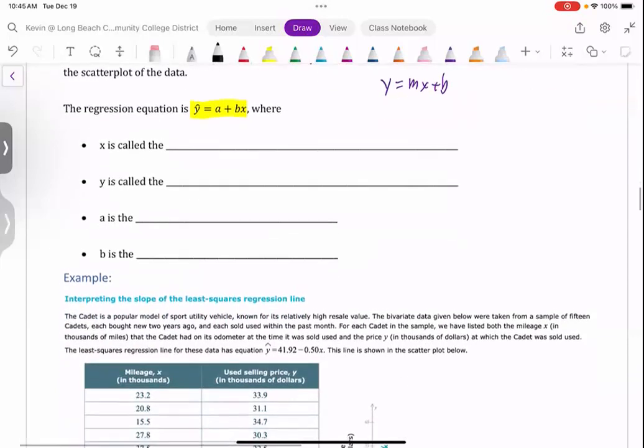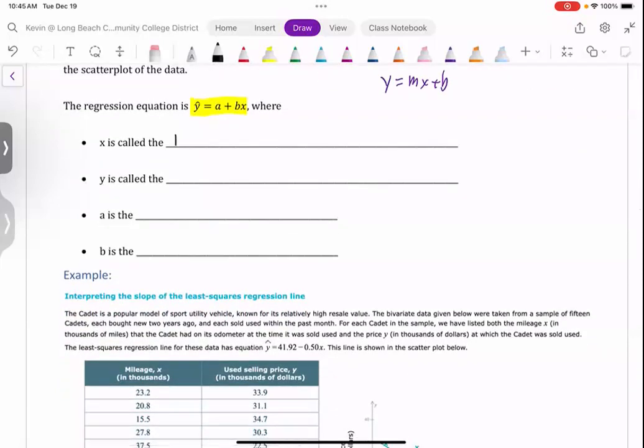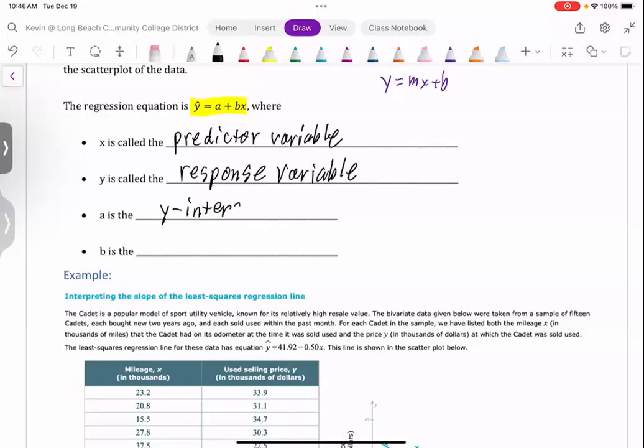X is called the predictor variable. Y is called the response. A, in this case, is the y-intercept. And B is the slope.